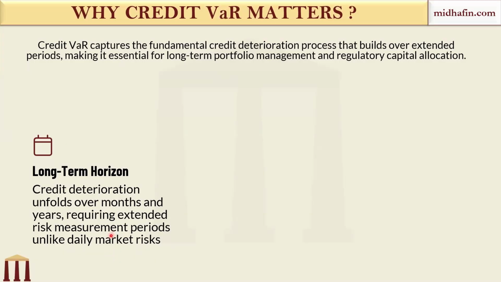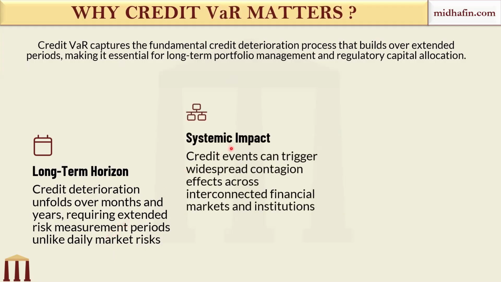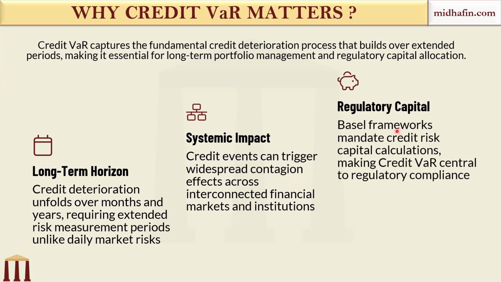So the exam may ask you a question: why does credit VaR use a 1 year horizon instead of a 1 day horizon like market VaR? You can answer this as above. Next, credit events have a systemic dimension. One default or a wave of downgrades can spread contagion across markets and institutions because of how interconnected the financial system is. And the third point, which is important, is regulatory capital.